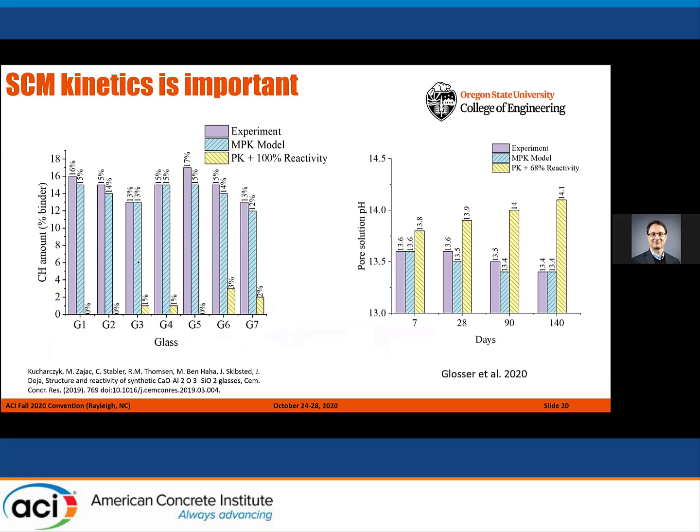And when you use those things, you can predict things very well using that thermodynamic approach. You see, these are the calcium hydroxide amounts, and these are the pH values that we predict. Without using that kinetic approach, you're going to get into problems. You don't actually get any meaningful results.